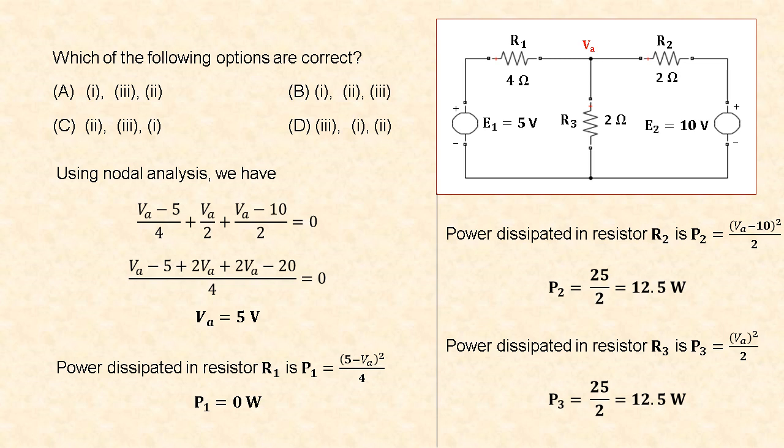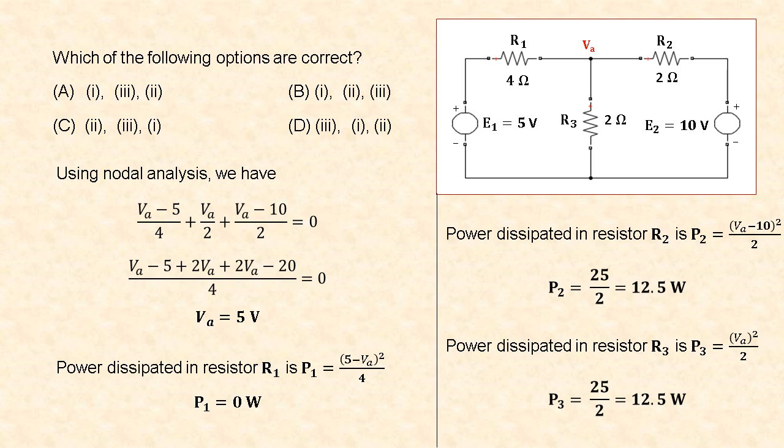Here there are only two principal nodes, top node and bottom node. Let us assume the bottom node as reference node, and the top node as A, with voltage VA. Using nodal analysis and applying Kirchhoff's current law, we have (VA minus 5) by 4, that is the current through resistor R1, plus VA by 2, that is the current through resistor R3, plus (VA minus 10) divided by 2, that is the current through resistor R2, is equal to 0.